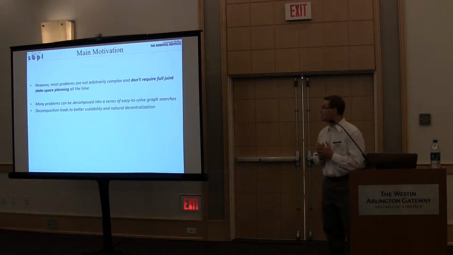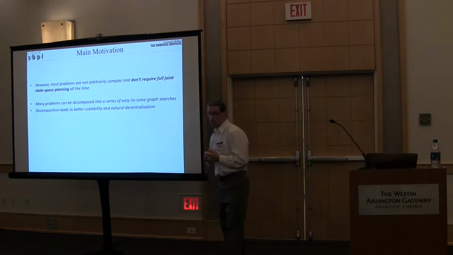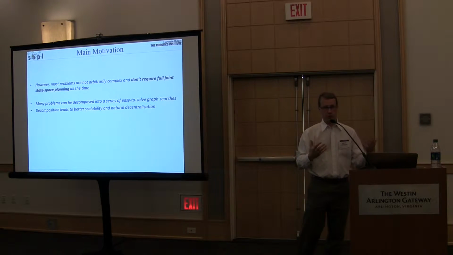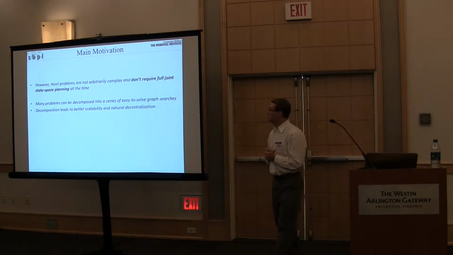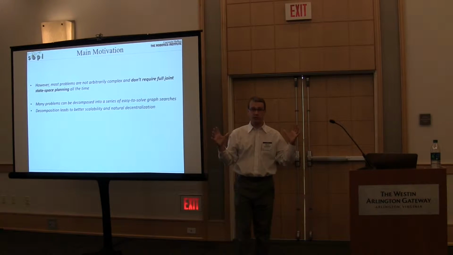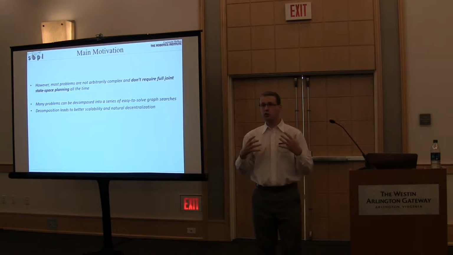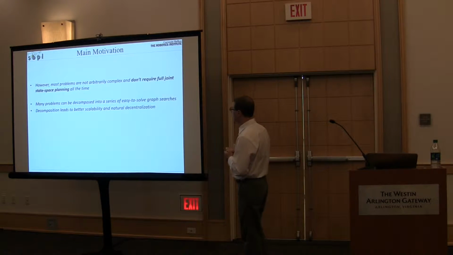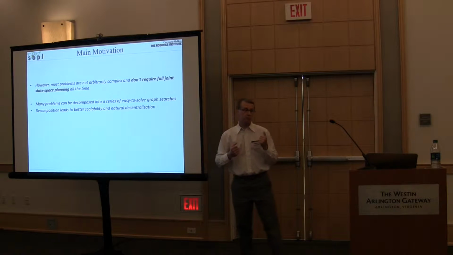However, the observation that we make, and many other folks also make, is that most problems you're looking at are not arbitrarily complex. In particular, most of the time the problem does not require you to plan in a full joint state space, and that fact can actually be exploited.